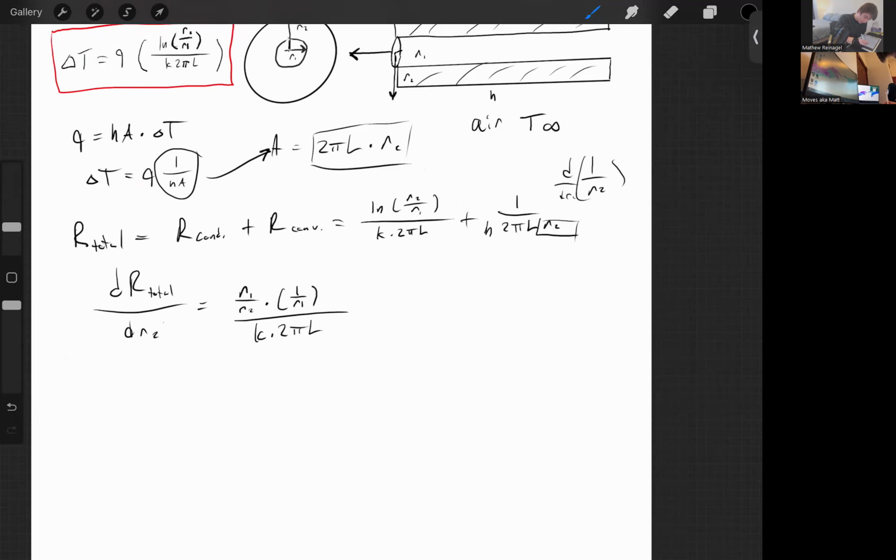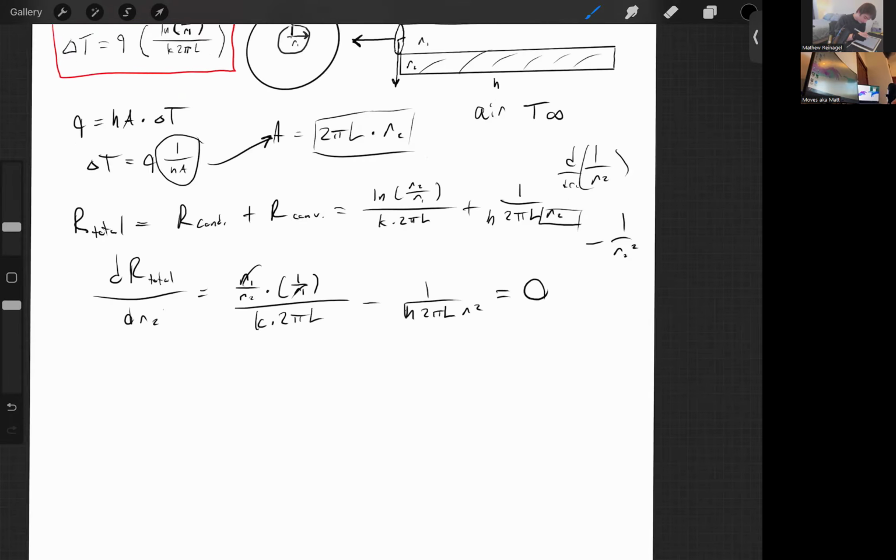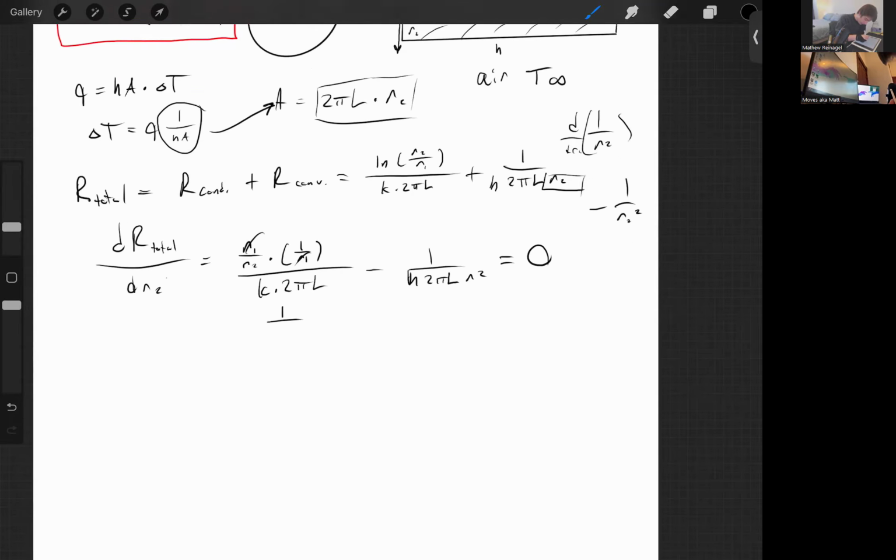This would turn into negative 1 over R2 squared. So it's minus 1 over H 2 pi L R squared, and this is equal to 0. So something we can do is remove R1 from this side, and we get 1 over R2, and we can go ahead and remove 2 pi L because this is set equal to 0.